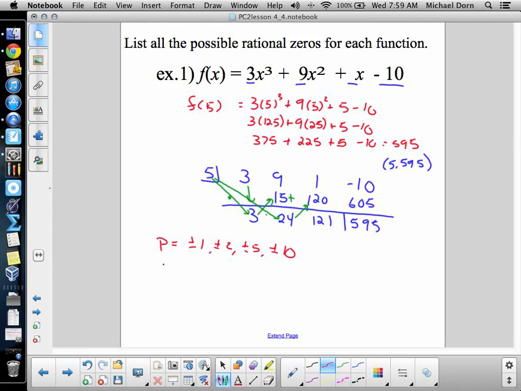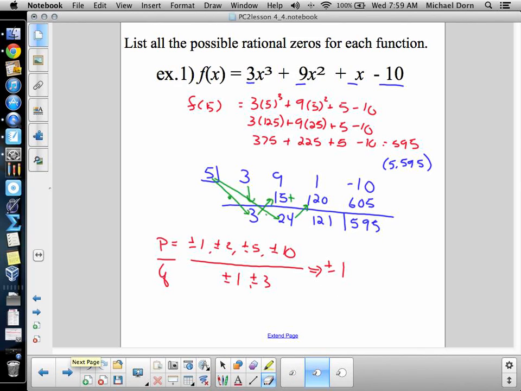For the denominator, what are the factors of 3? 1 and 3.